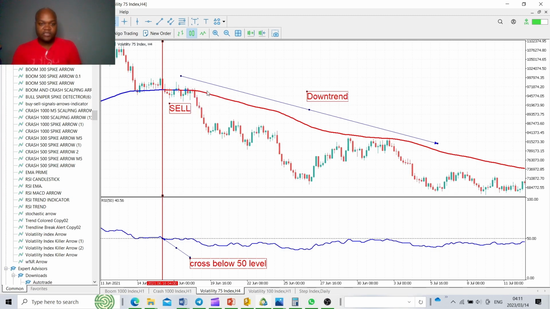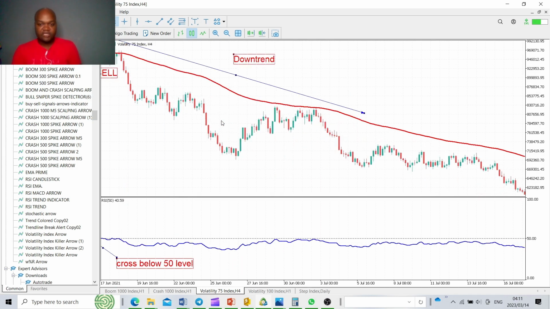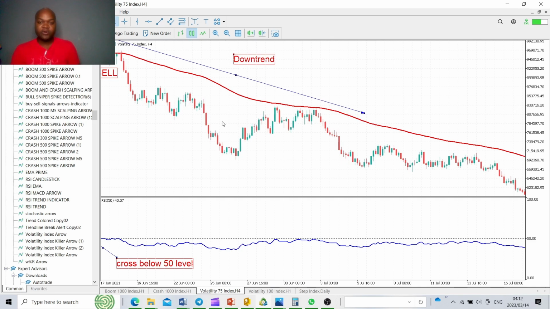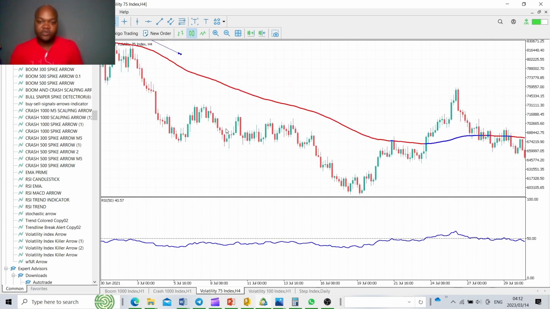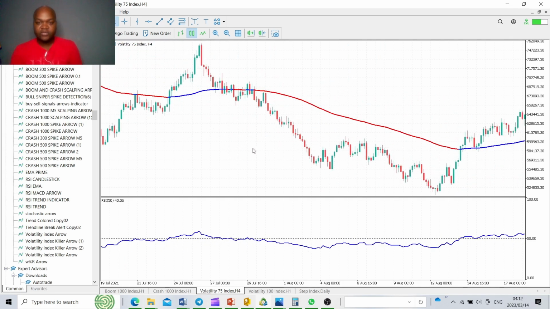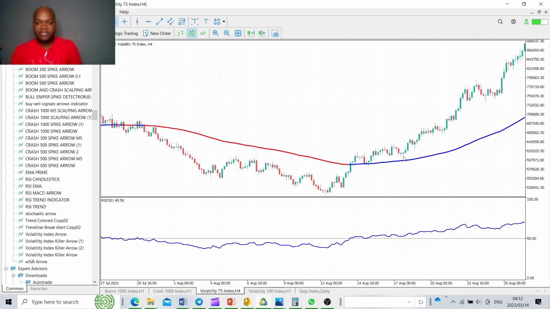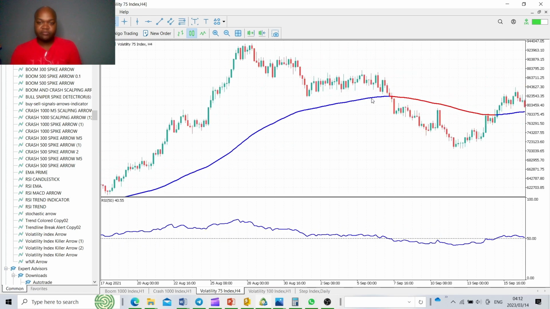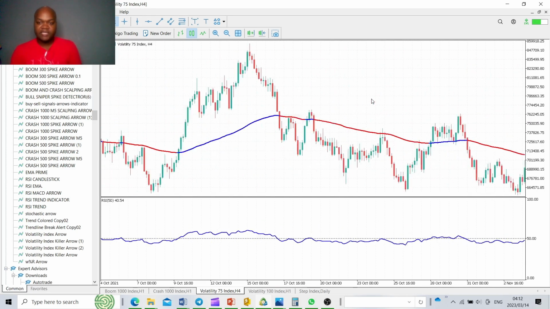Then when it crossed below 50, it changed color into red. During this period, that's the point where you'll be selling using this indicator. Whenever the market is in a downtrend, the RSI EMA will be red. When it goes up at this point, it will be blue. So basically this is how it works.